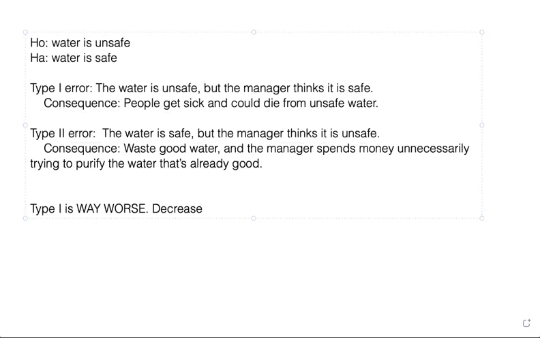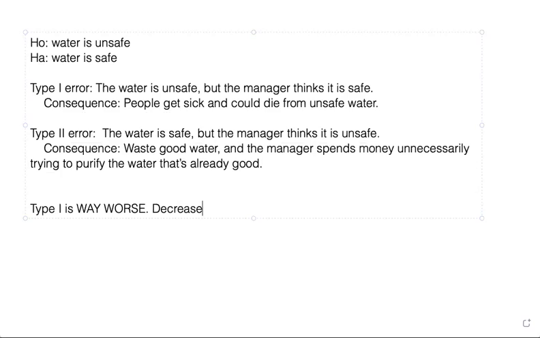That would be good. I think what they're asking is in the hypothesis test, if you think type 1 is worse and you want to avoid it, between alpha and beta, what do we do to alpha if we think type 1 is worse? Do we decrease it?